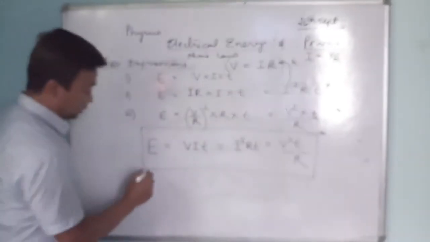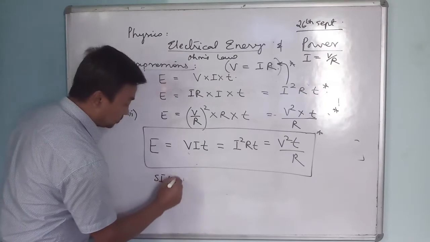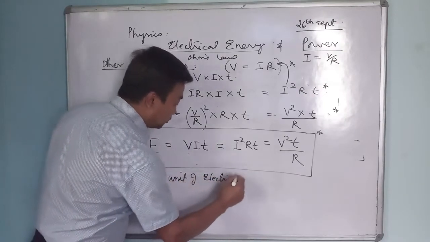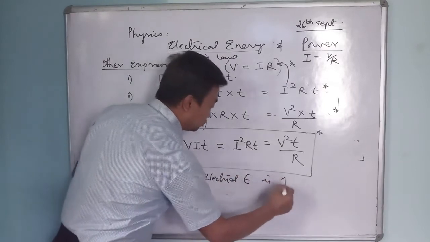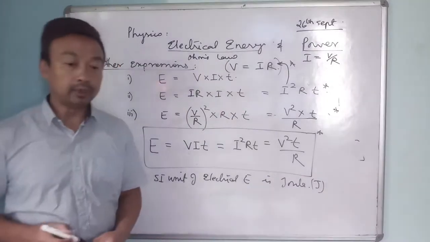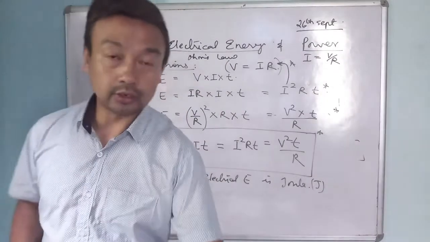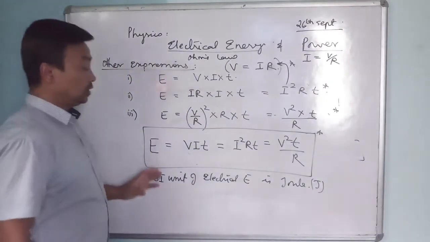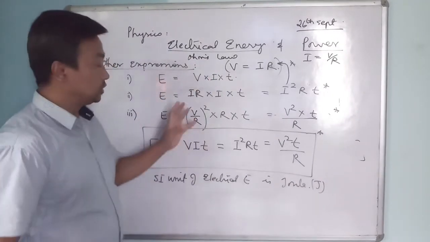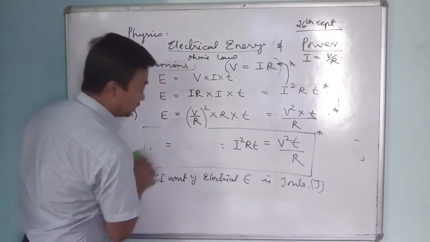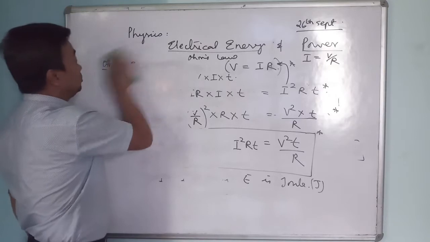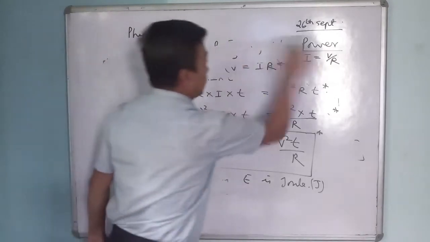So the SI unit of electrical energy is joule, which is given as capital J. So basically this is what we need to understand in electrical energy. We have given the expression for the electrical energy in the circuit when you have a current flowing through the potential difference across the ends of the cell.